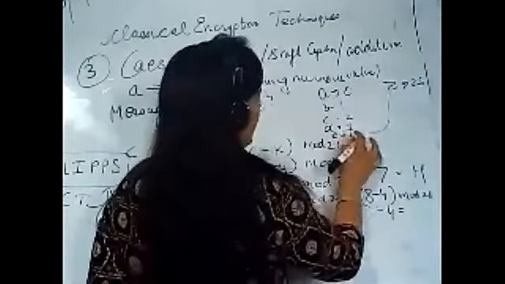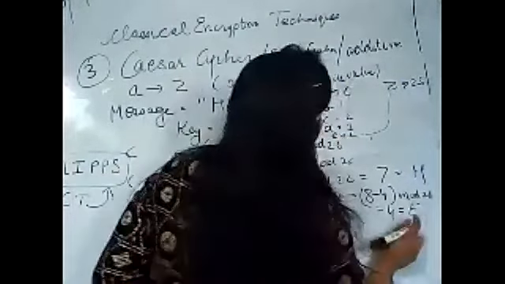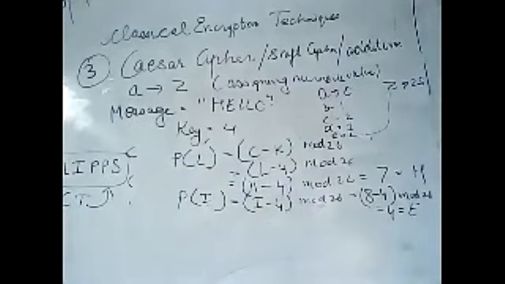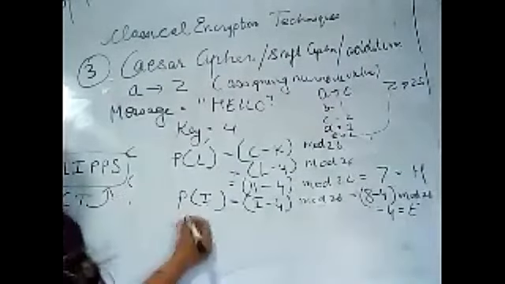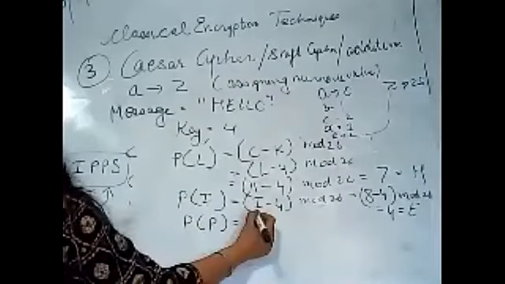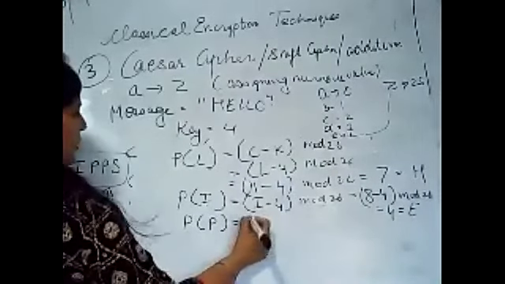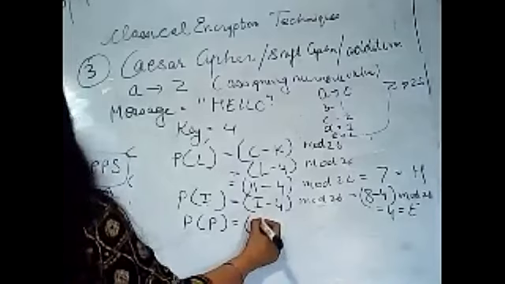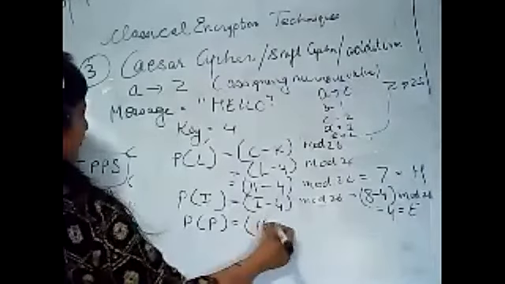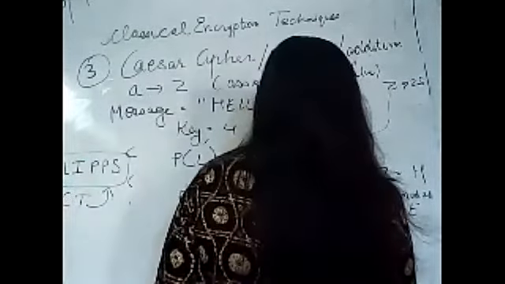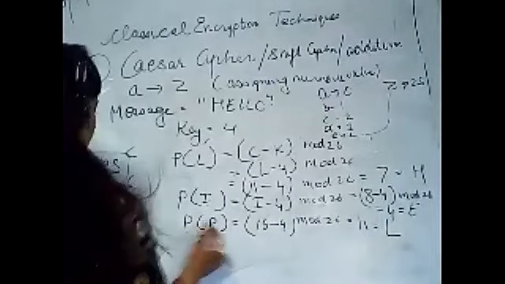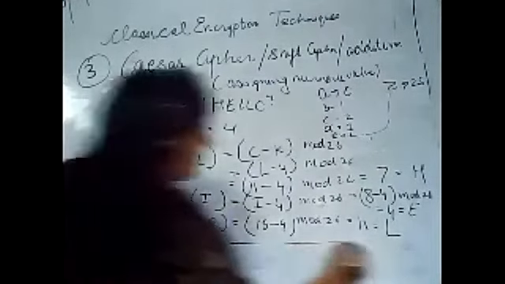And this 4 is represented with the character E. Then we have P. P is represented with the numeric value 15 minus 4 mod 26. So that is what answer we are getting here. That is 11, and the value will be L. So again for this other P, the same answer we will be getting.